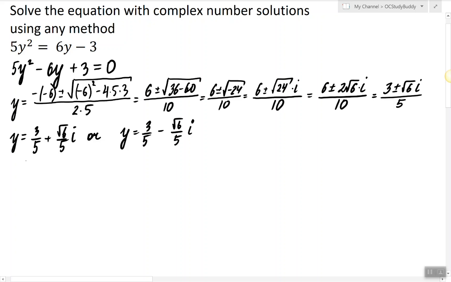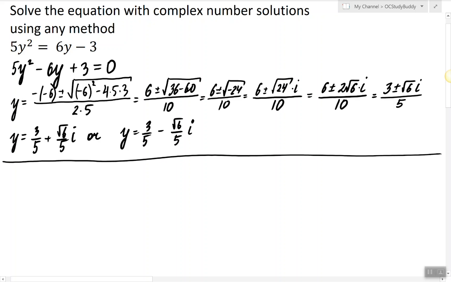Now, alternatively, we could have solved this equation by completing the square. To complete the square, I'm going to isolate the quadratic expression that contains the squared term and the term with power 1 on one side, and we need to make the leading coefficient 1, so I'm going to divide everything by 5.